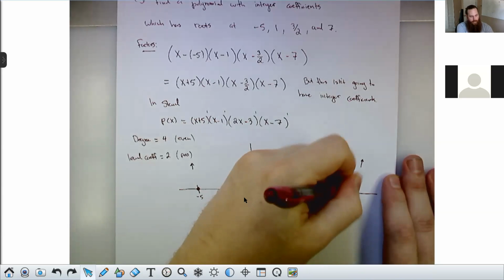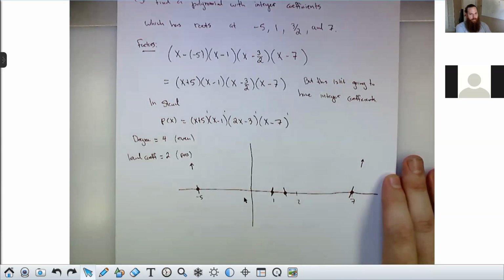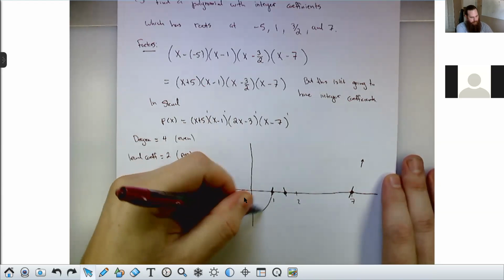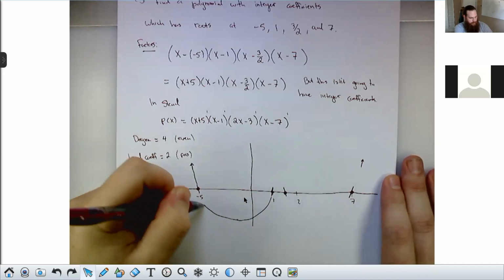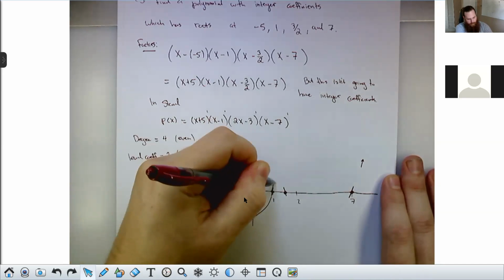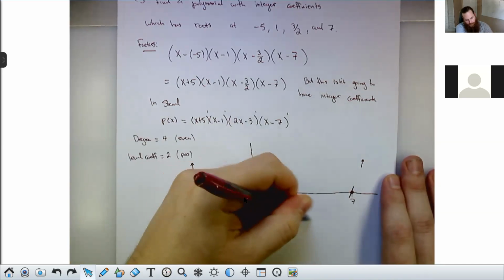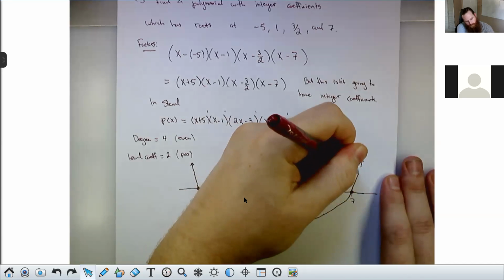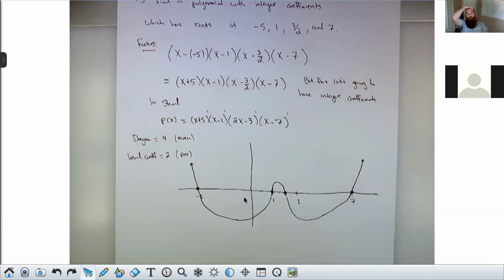And when I come back here, I've got to cross like that. So if you connect these pieces together, it's got to look something like this. That's the only possibility.